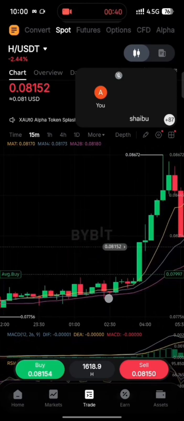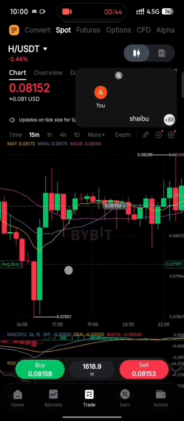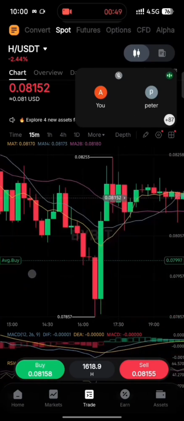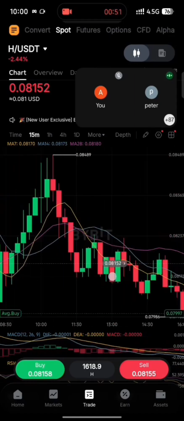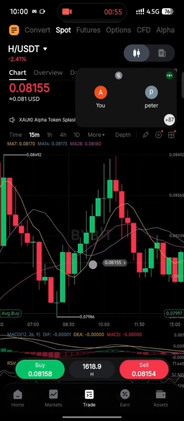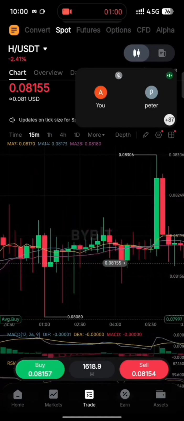Without a waste of time, here we are in the candles. You can see I'm viewing the candles to see where exactly is palatable for me to dive into this particular trade. I told you in my previous video that in whatever you're doing, you must consider the candlesticks.